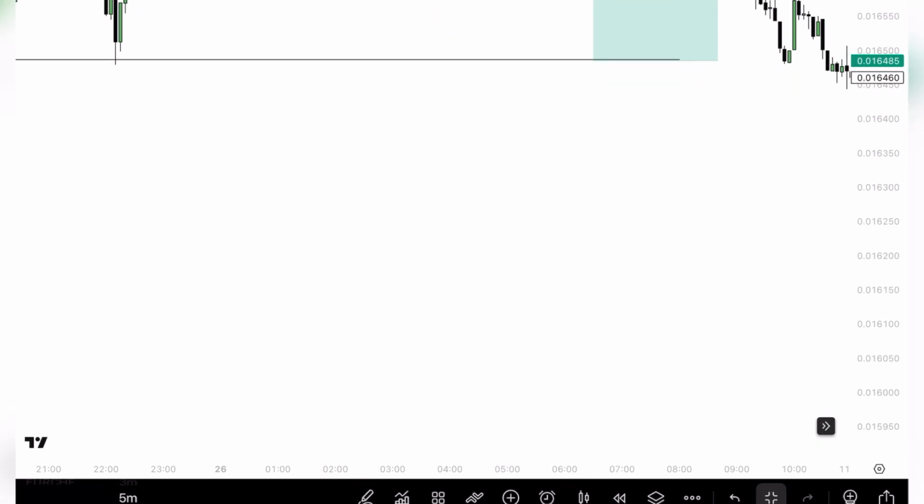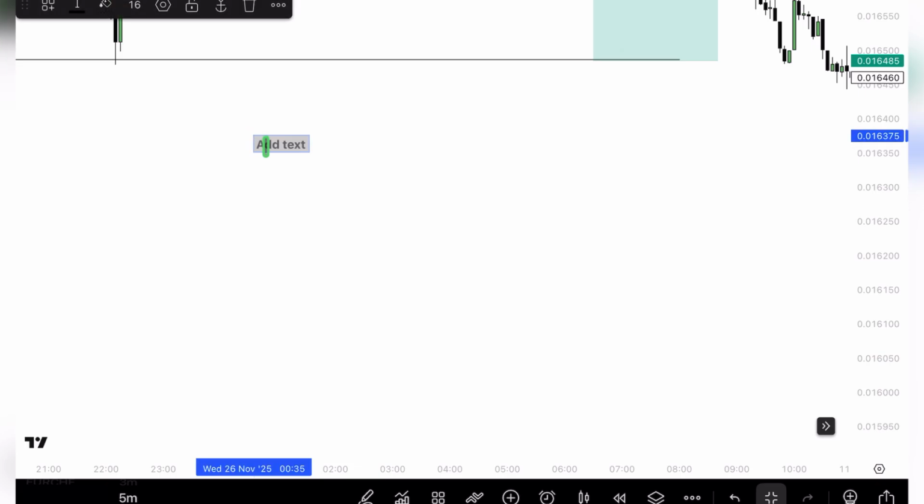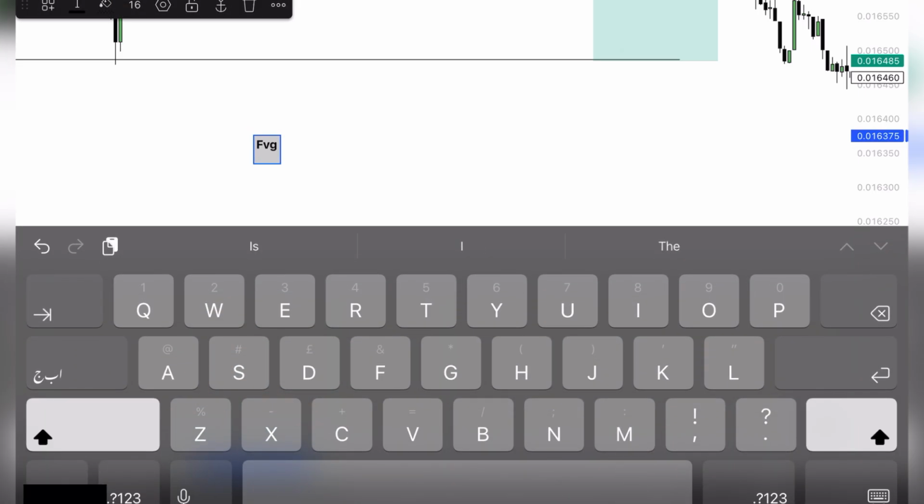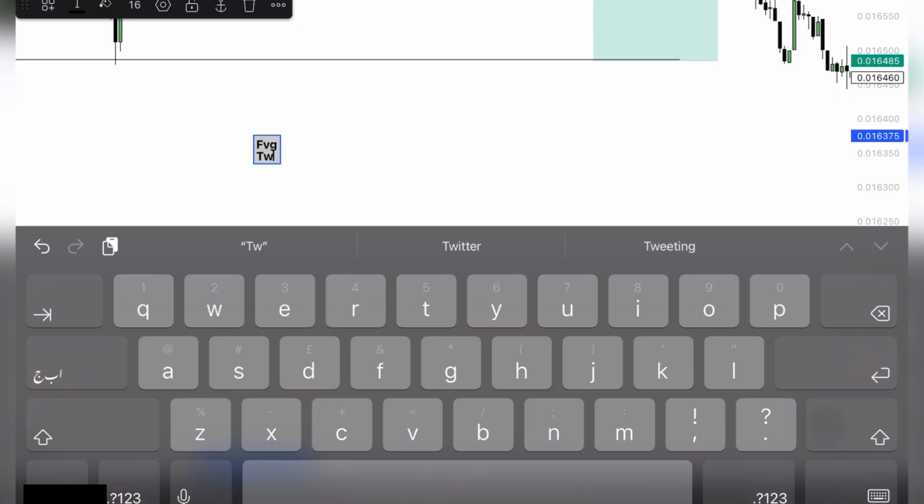So what are the four things? I will repeat again. I will write it here. The first thing you have to look for is a fair value gap, then two rejections from that fair value gap, from FVG.